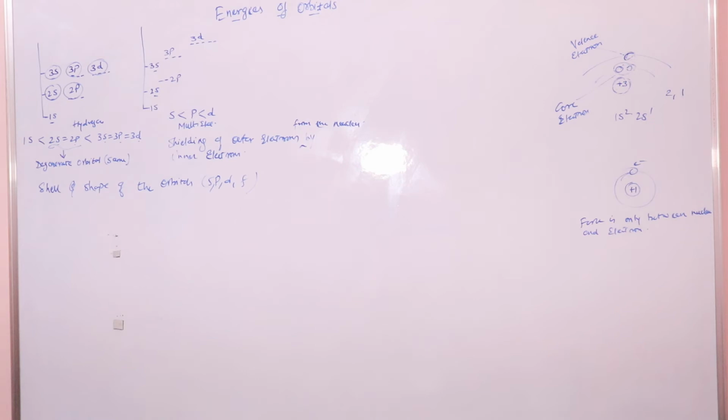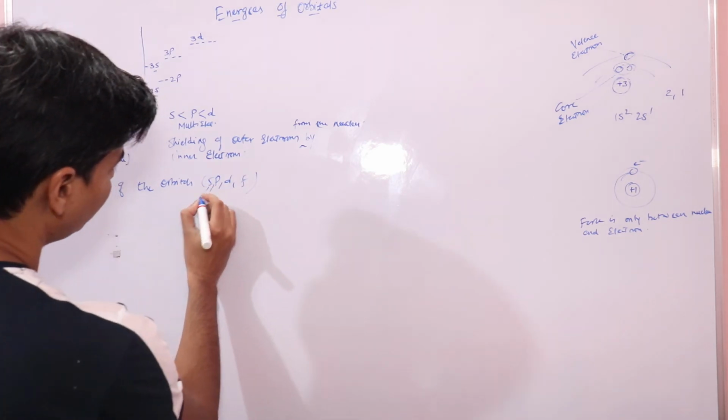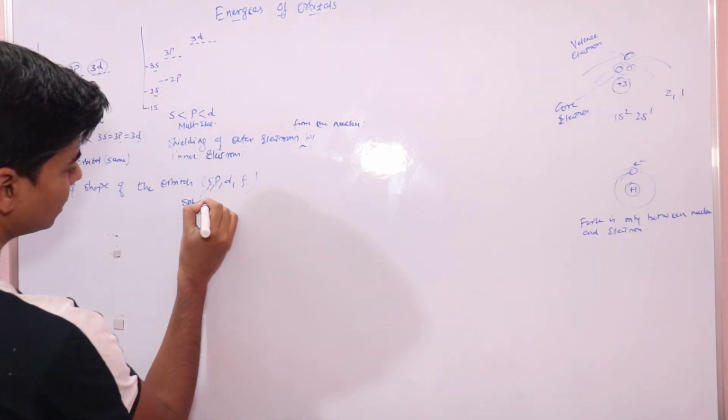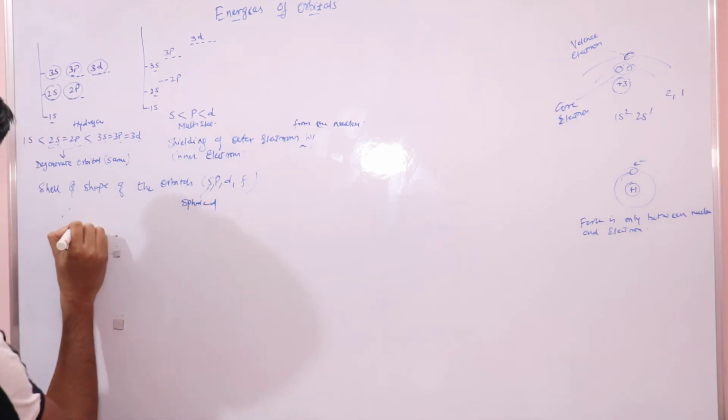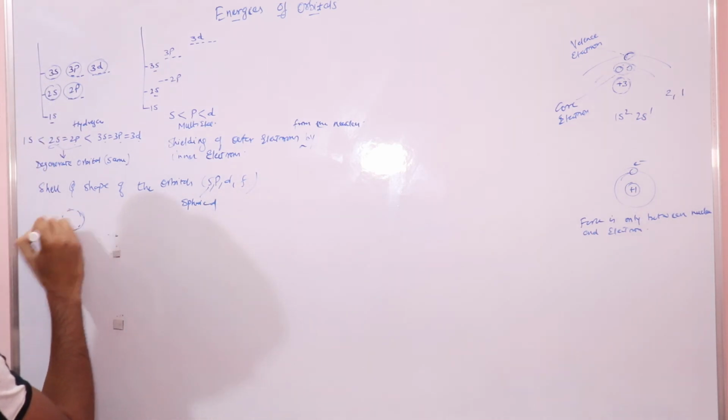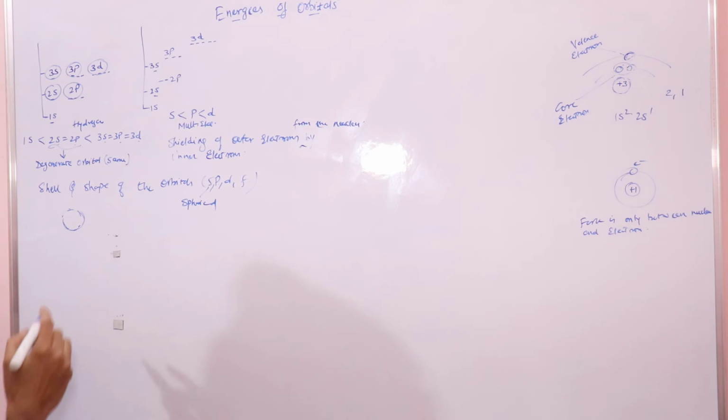On these things it depends, because we know that s orbitals are spherical in shape, like this, and they are closest to the nucleus. The electrons in the s orbital spend more time close to the nucleus.